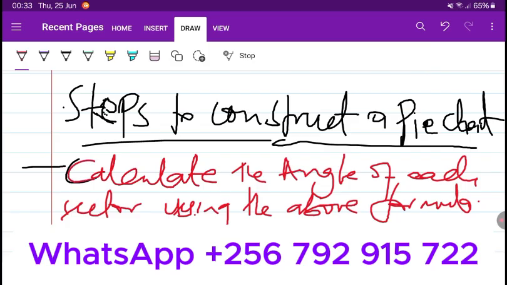Then the second step is for us to draw a circle using a pair of compasses.